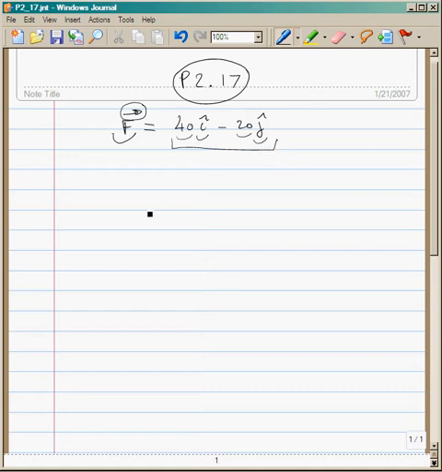So it's all good. Graphically, if you were going to plot this, 40 in the I direction, if this is your unit vector I of length 1, you take 40 of those, 1, 2, 3, 4, 5, up to 40. I'm not going to do it, but it's somewhere on there.